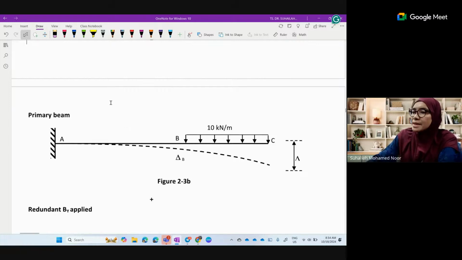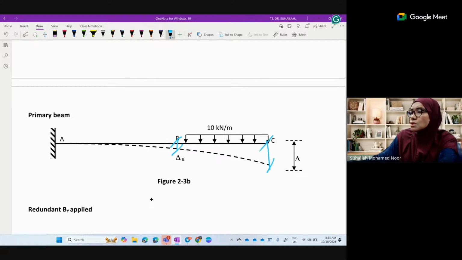Okay, so primary beam is a cantilever beam, right? After removing redundant, there is no BY, there is no CY here. So loading 10 kilonewton along member BC. So due to the loading, the beam will deflect. Okay, we have to mark the deflection at point B satu, at point C satu lagi.